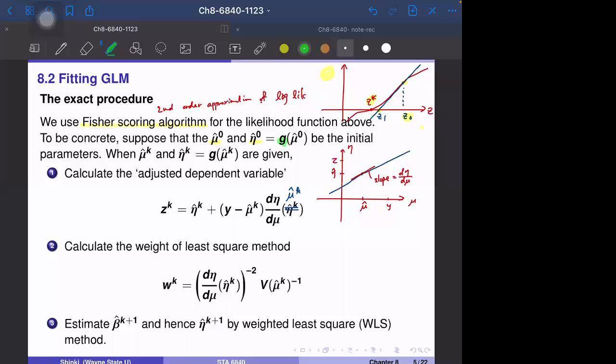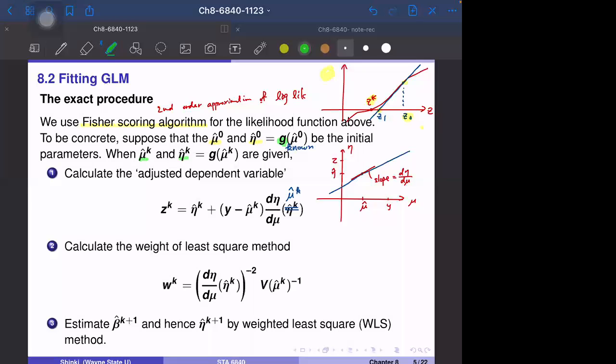For example, in logistic regression, this is the logit function. Then this is an iterative procedure. Suppose that mu hat k and eta hat k are available. Then we want to estimate the next estimates, mu hat k plus 1 and eta hat k plus 1. Here the 0 and the k are just superscripts, not powers.